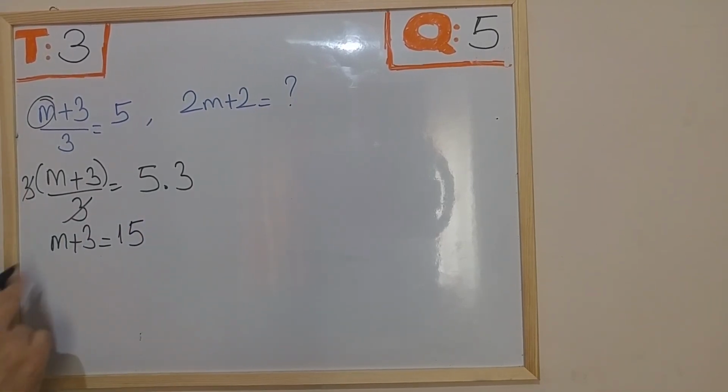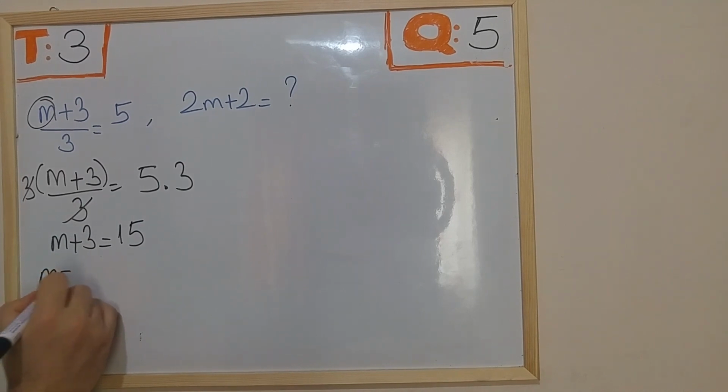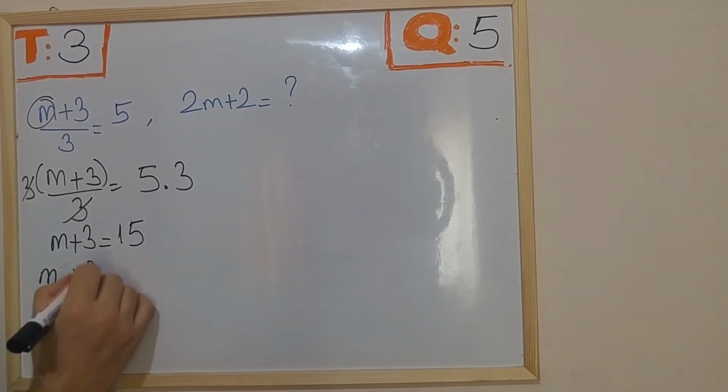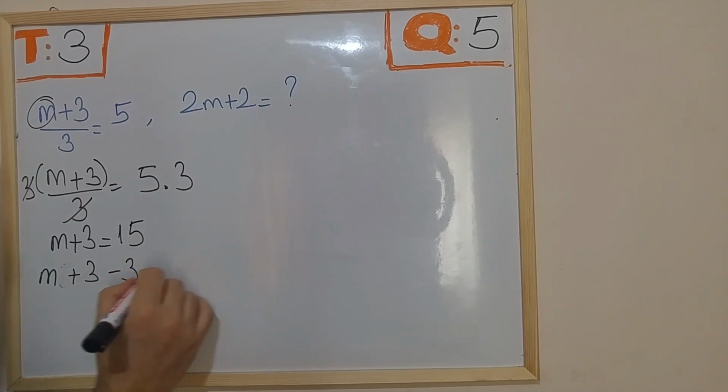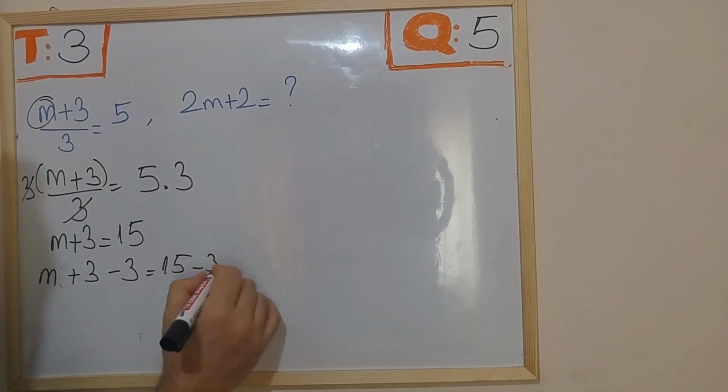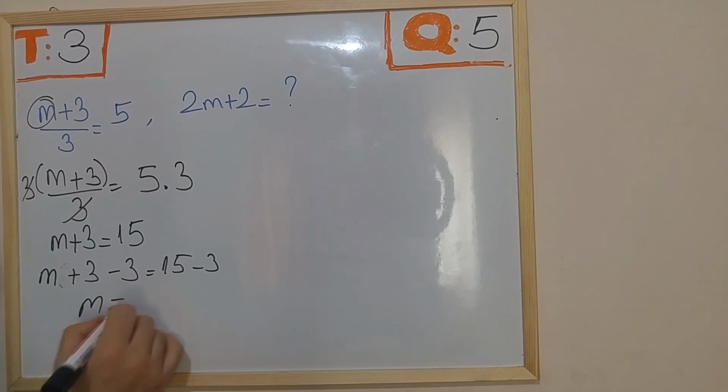Then we can find out m: m plus 3 minus 3 is equal to 15 minus 3. This leads us to m is equal to 12.